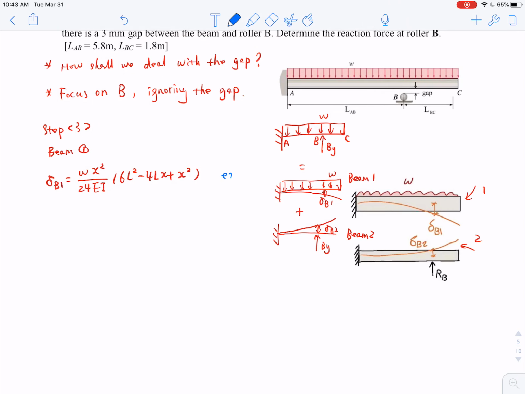This is our equation 30. Okay, then what is the x here? In beam 1, what is the x? Right, the x in this case equals LAB.